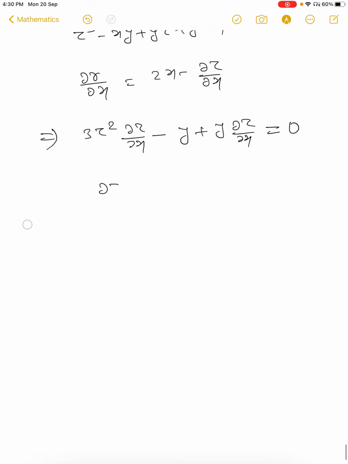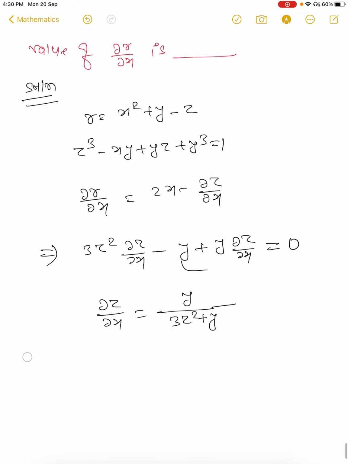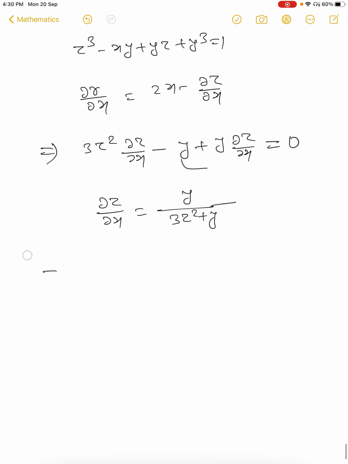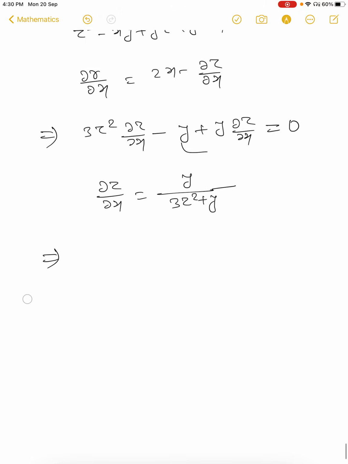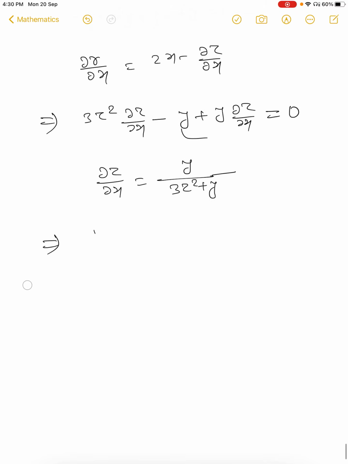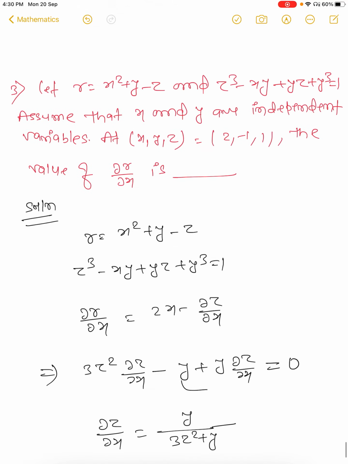So del z upon del x is equal to y upon 3z square plus y. So del r upon del x is equal to 2x minus y upon 3z square plus y.